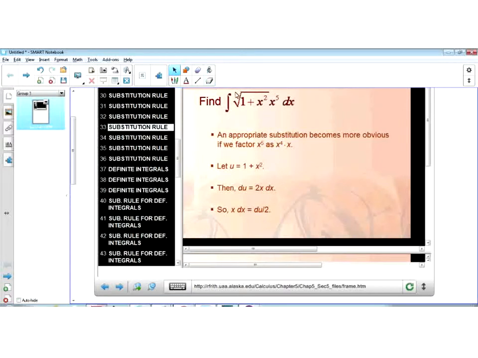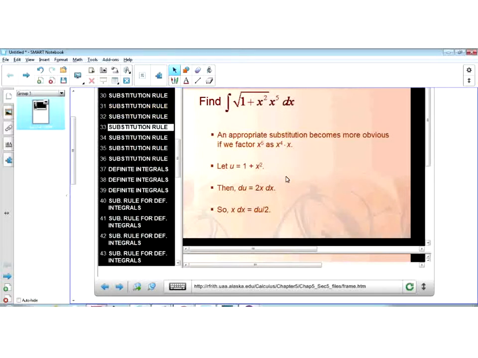Okay, so now here's a challenging one. All right, so find the indefinite integral of the square root of 1 plus x squared times x to the 5th. As an appropriate substitution, if we factor x to the 5th as x to the 4th times x, all right, so if we let u equal to 1 plus x squared, then du is equal to 2x dx.